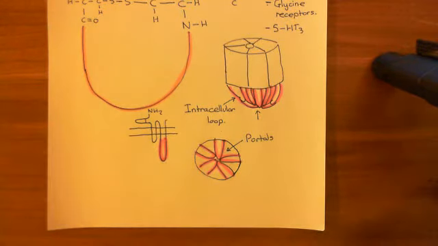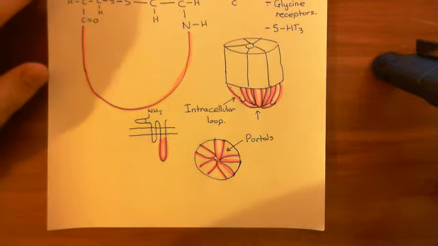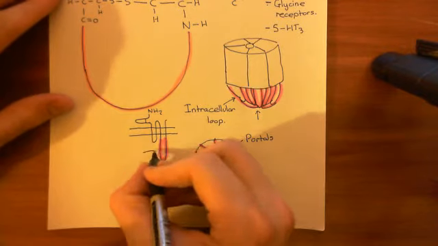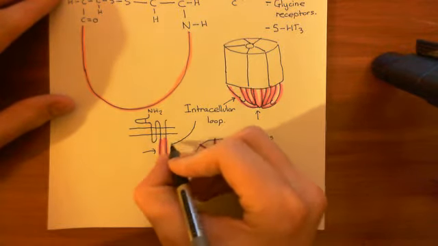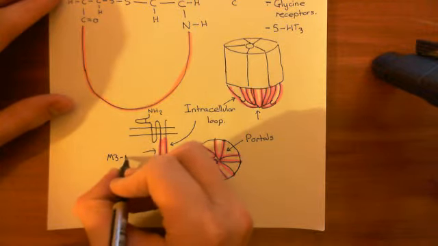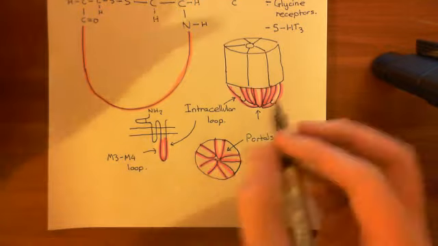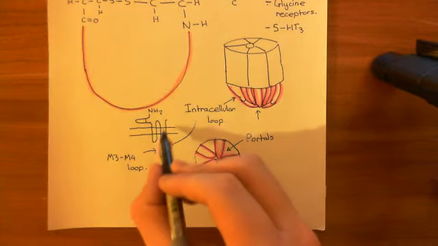So it's a loop between M3 and M4, those 2 membrane spanning alpha helices. So this intracellular loop is also often referred to as the M3-M4 loop.